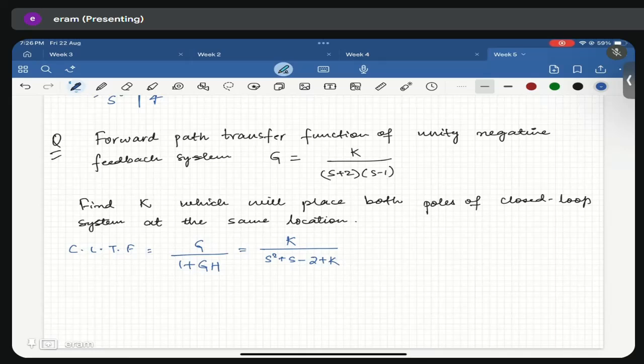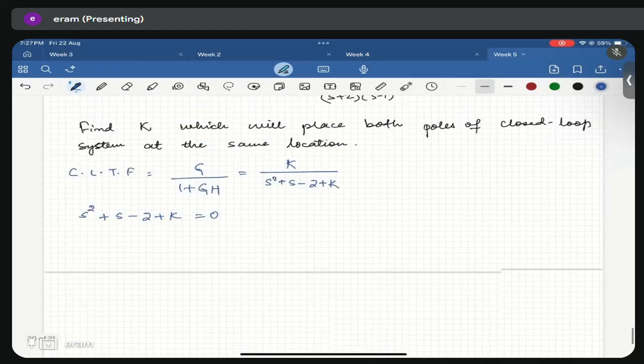So here the characteristic equation is s square plus s minus 2 plus K equals 0. How can we ensure that both the poles are at the same location for this one? One minus zeta square would be 0.